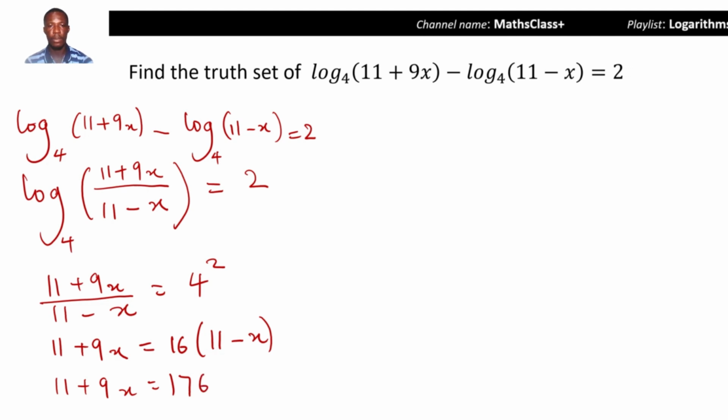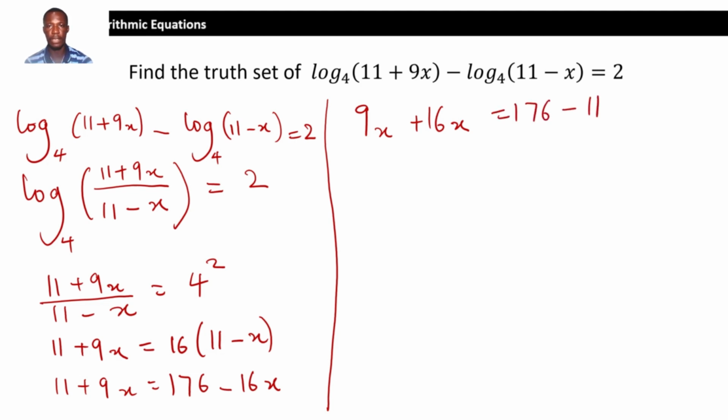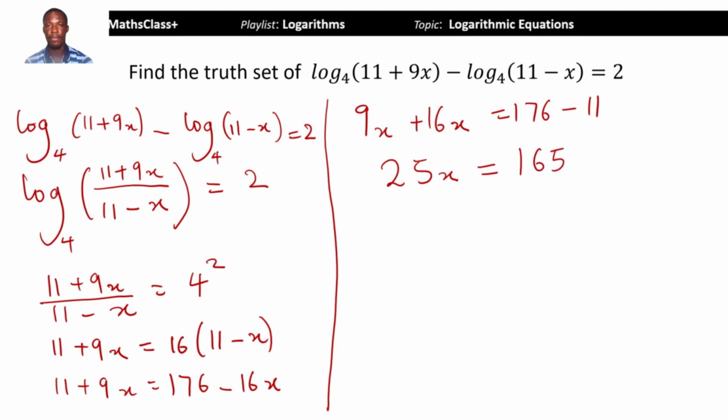So here 11 plus 9x is equal to 176 minus 16x. So I group like terms. I have 9x plus 16x is equal to 176 minus 11. So 16 plus 9 will give me 25x, and this is equal to 165.